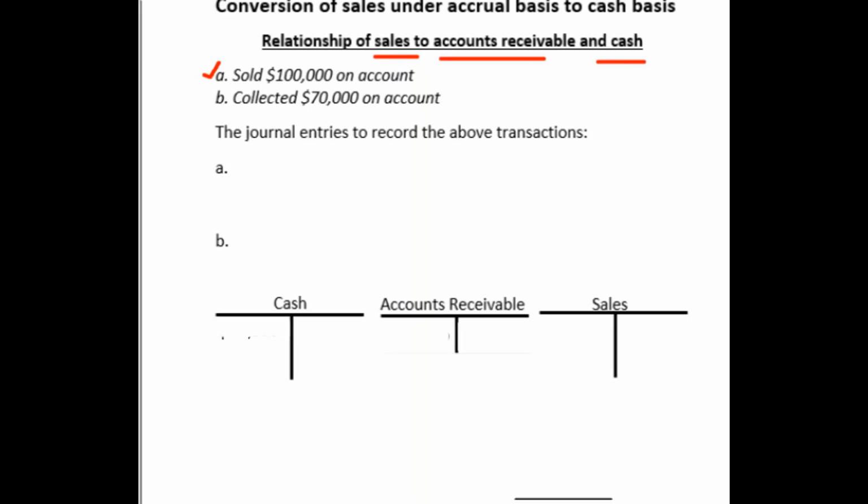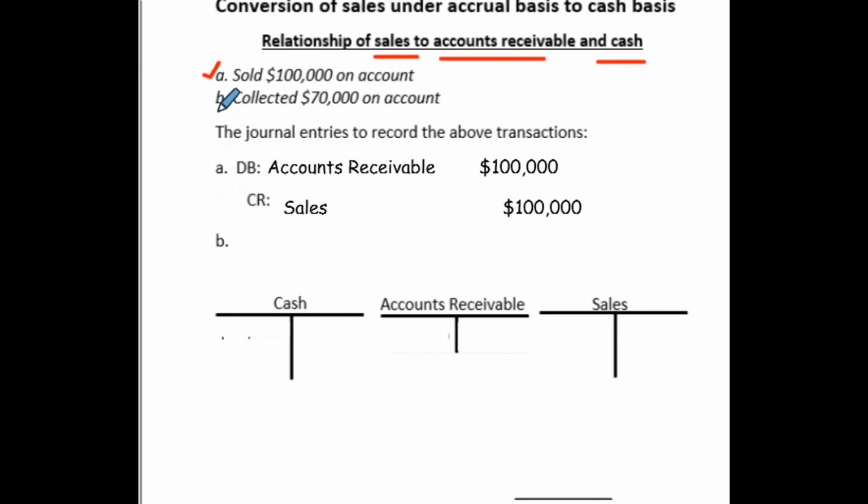The journal entry would be a debit to accounts receivable for $100,000, and the credit would be to sales for $100,000. That's the first major phase.